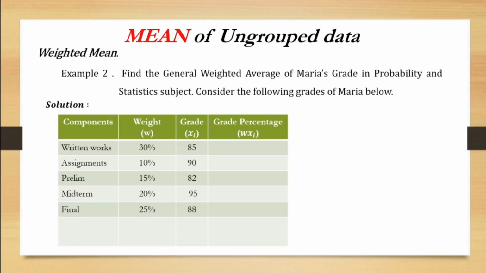As you can see in the second column, the weight is in percent form. We have to first convert the percent into decimal by dividing the numerical by 100.